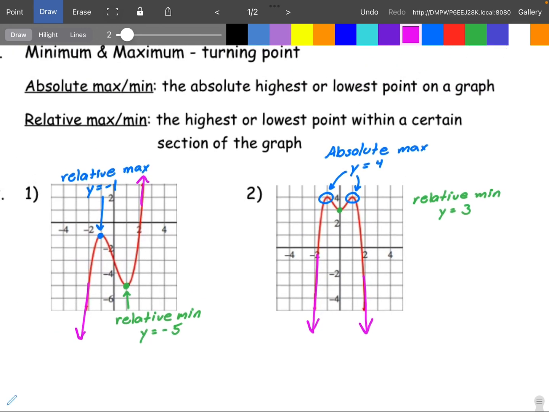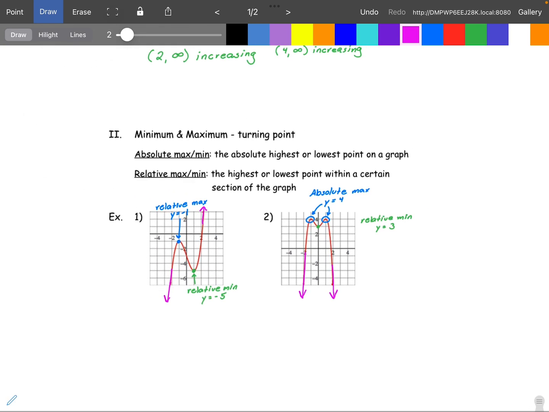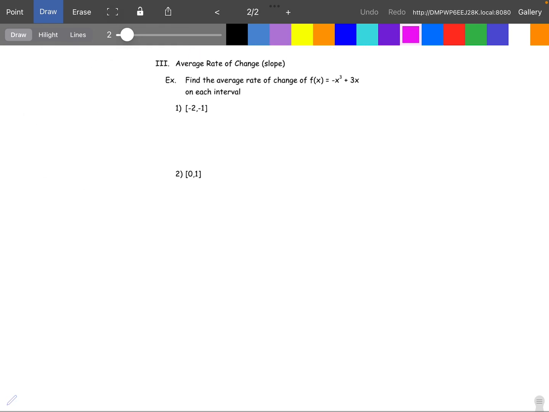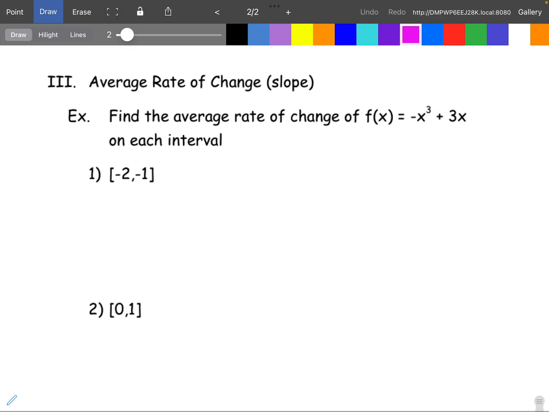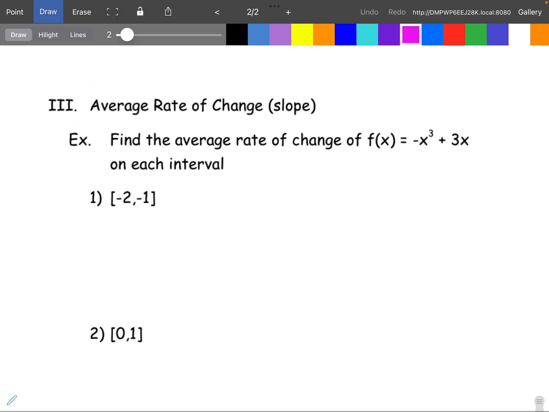Okay, so those are maxes and mins. Now, the last thing that we want to talk about is going to be average rate of change, which is really just the same thing as slope. So we need to remember our formula for slope, and that is m equals y2 minus y1 over x2 minus x1.